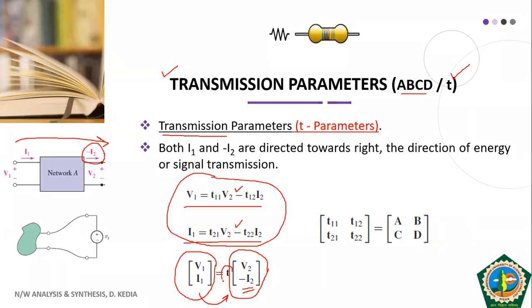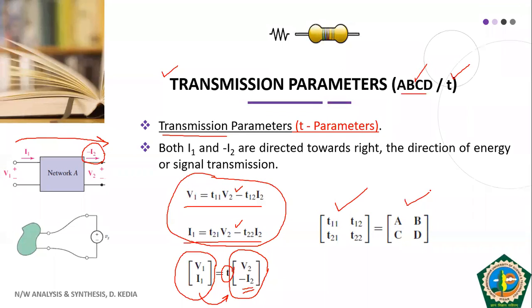And T is the transmission parameter matrix, which is defined as T11, T12, T21, T22, which is equal to A, B, C, D. So these transmission parameters are also called ABCD parameters.